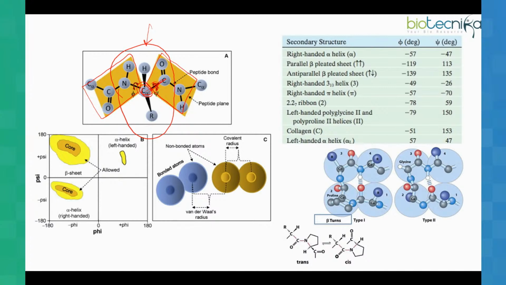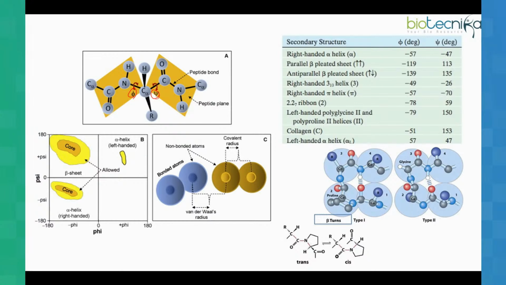The central carbon alpha has two peptide bonds on two ends, this is one peptide bond and this is one peptide bond. But at least it is connected with a carboxyl group and amino group with a bond. And this bond being single, it can rotate. So that's why these dihedral angles are called phi and psi.